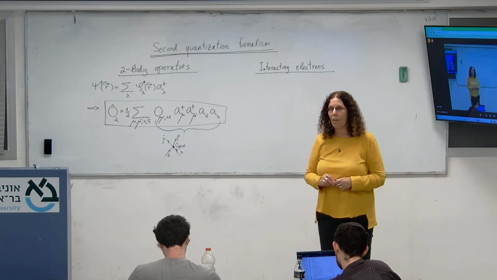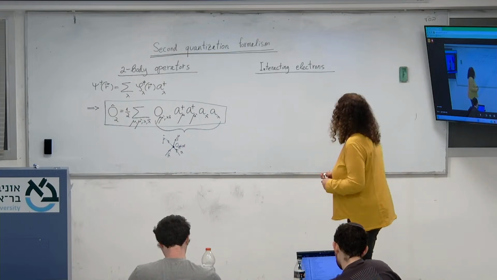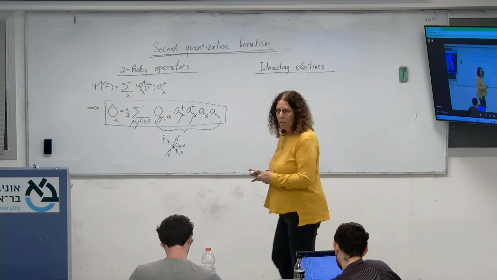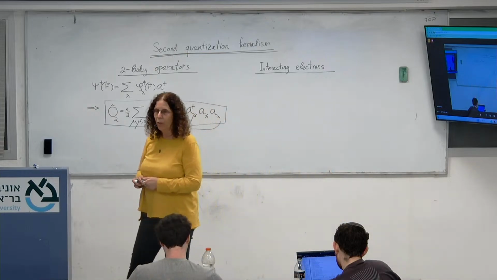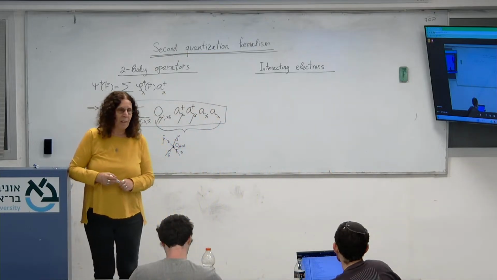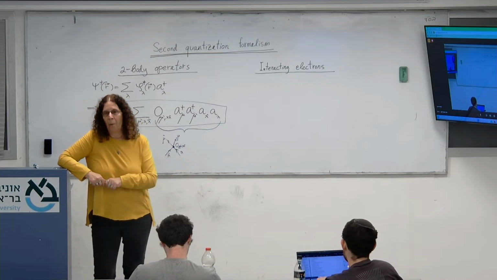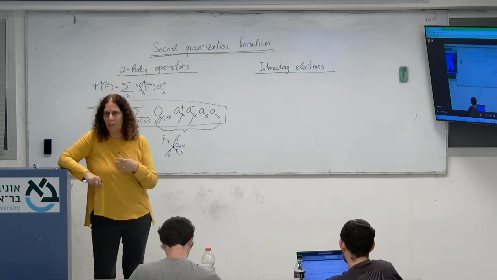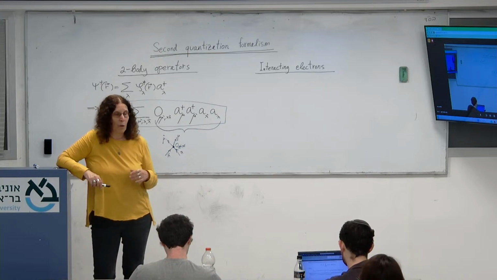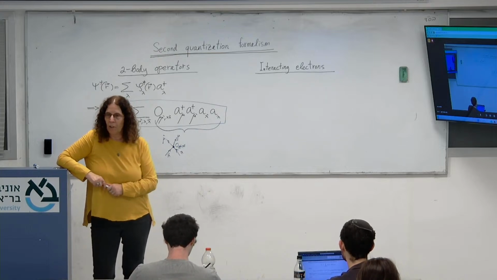The interactions are not small. Why? Because electrons are charged, okay? And although in some materials like metals, we learned in our undergraduate that you can treat them as a free fermion gas because the kinetic energy is very large.